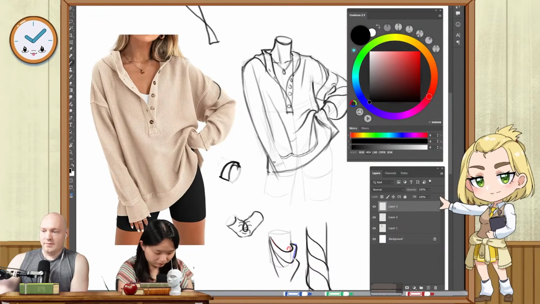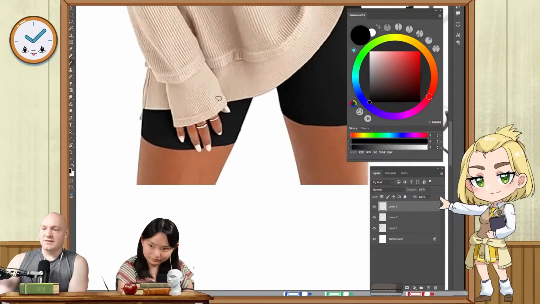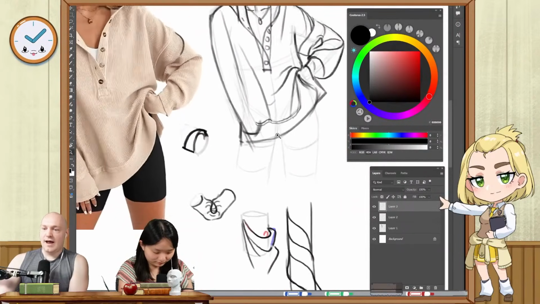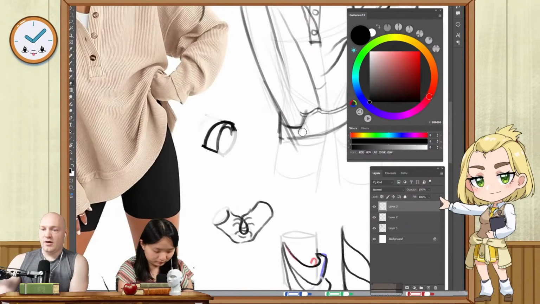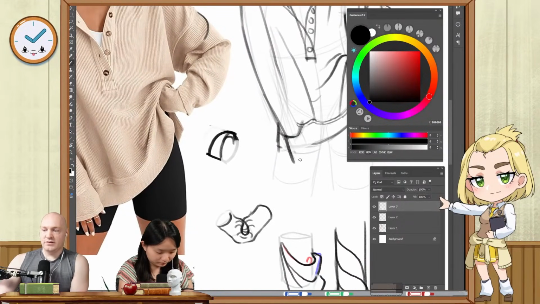And again, I'm not going to get wrapped up on hands because I'm not drawing hands right now. I could focus on the hands later. There's no hand right here. There's a tiny bit of fingers right here, so I literally don't even need to focus at all on hands. I'm just going to make this a little shape. There we go.